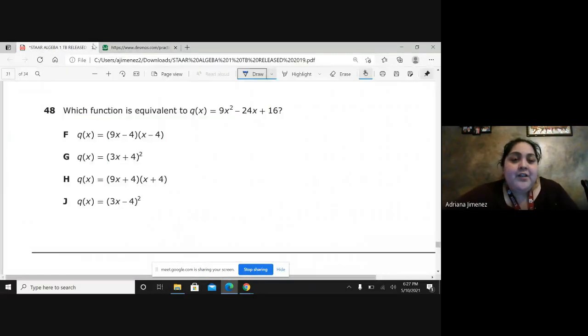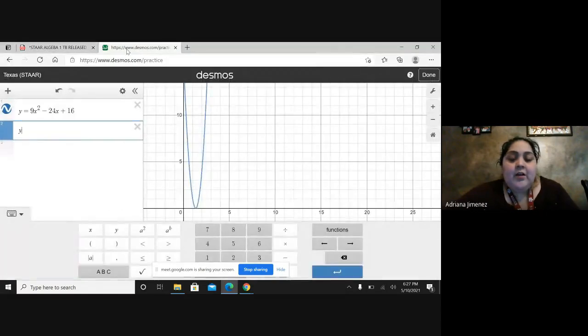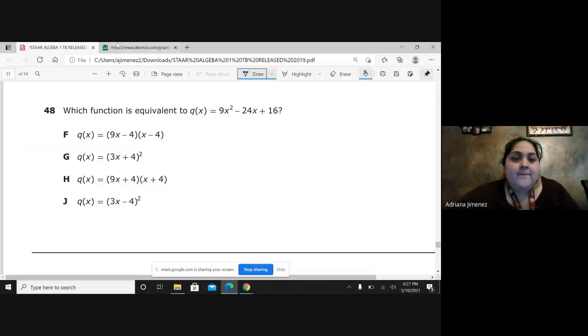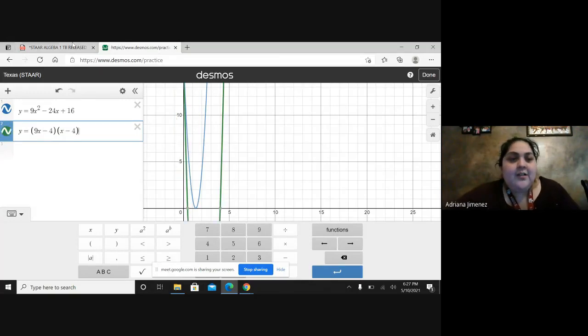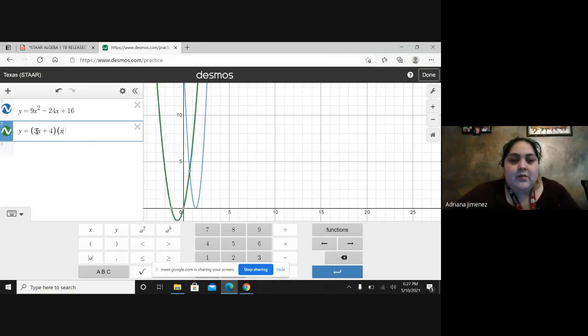We're going to type in our first answer. Y equals 9x minus 4. Okay, it does not look like that. Okay, 3x plus 4, and then we do squared.